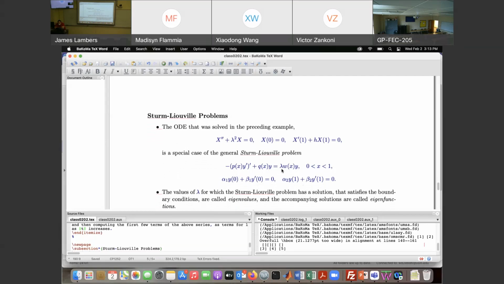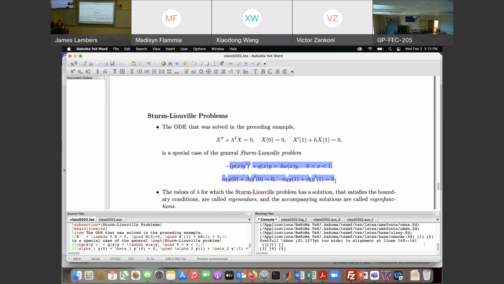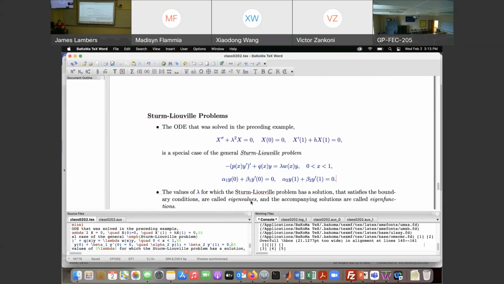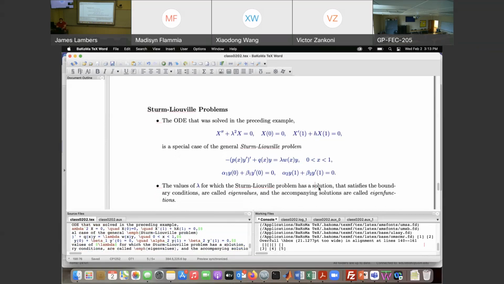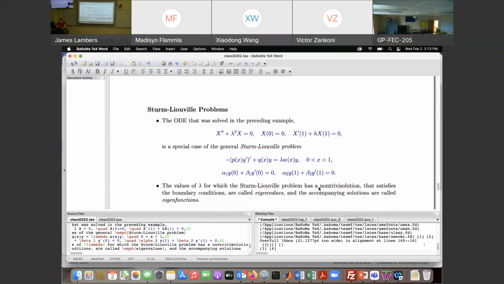So values of lambda for which this entire problem has a solution are called eigenvalues. And the solution y of x that you find corresponding to that eigenvalue is called an eigenfunction. I want to emphasize, values of lambda which have a non-trivial solution, because I can always have 0 as a solution, and that's not interesting.